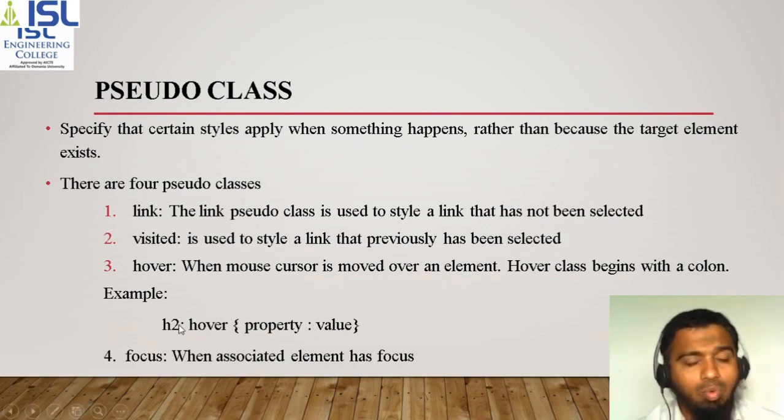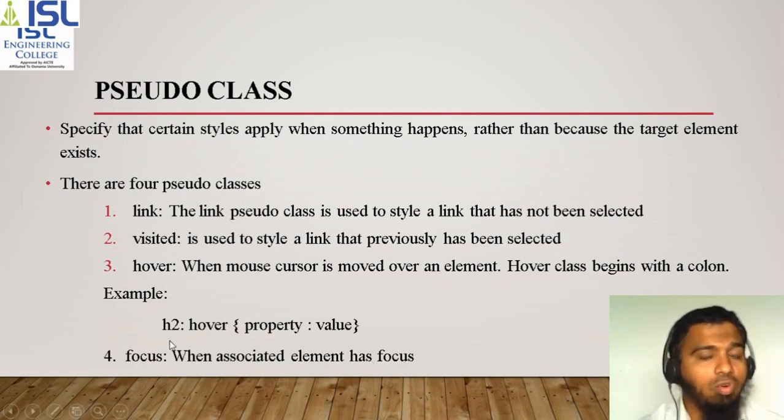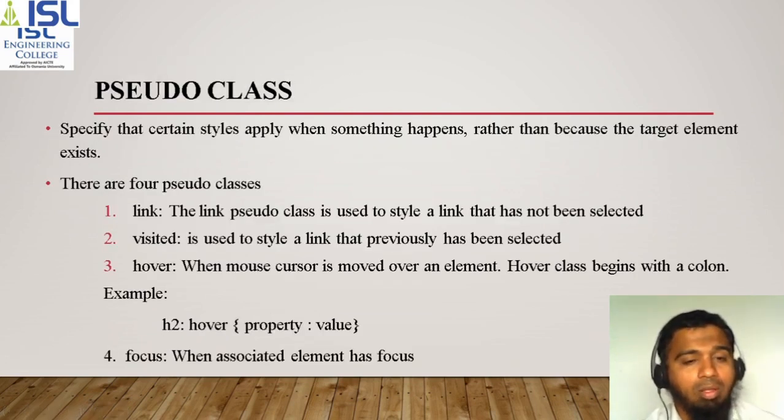So for h2 hover, that means when you place your mouse on the h2 tag in the display, then it will do some operation. And the fourth one is focus, when the associated element has focus. So these are the four pseudo classes. We will see them one by one: link, visited, hover, and focus.